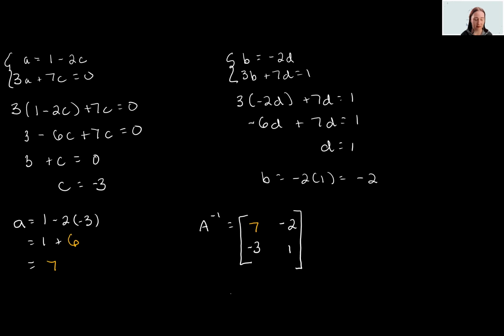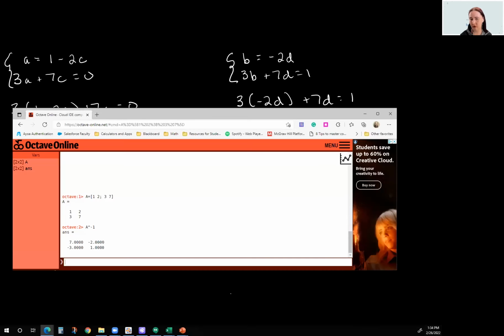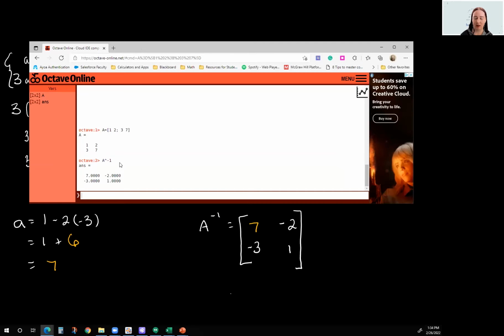So yes, you are going to want to check your work, because it's so easy to make a mistake. You're looking at so many numbers, and it's just inevitable. And so always check your work.